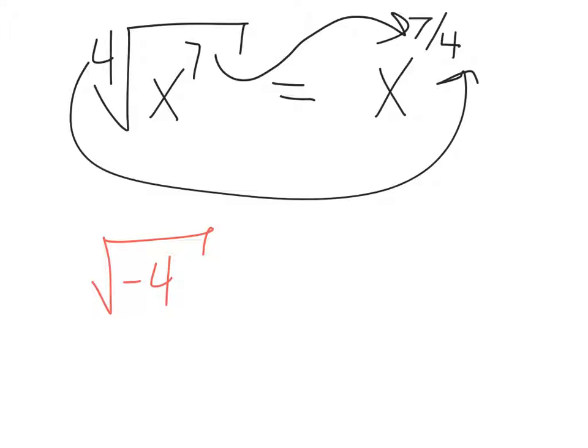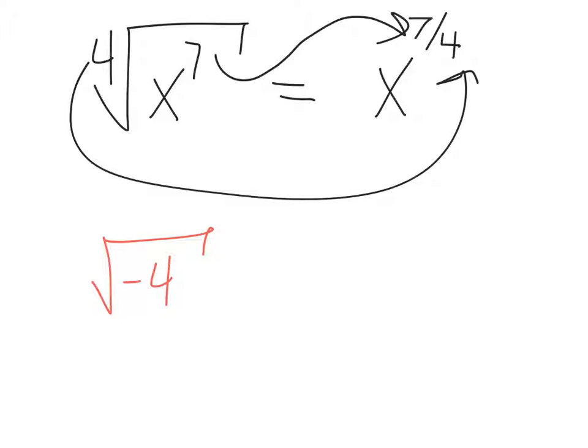Because, well, she's right, you can't. What is the question? When you're taking a square root of a number, what are you trying to find? What times itself gives you that inside number. So what times itself gives you negative 4? There is nothing right now, because negative 2 times negative 2 is positive 4.